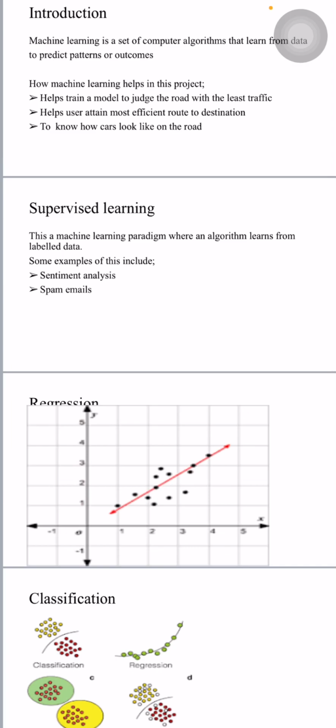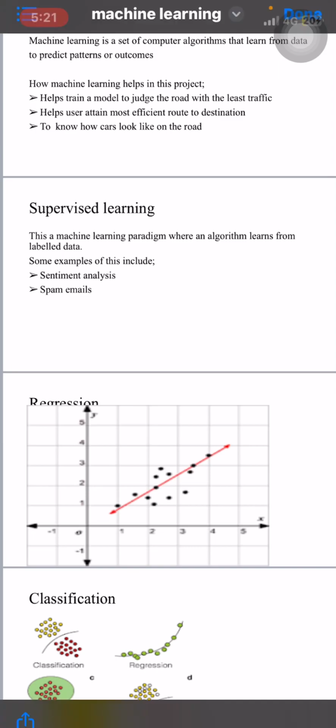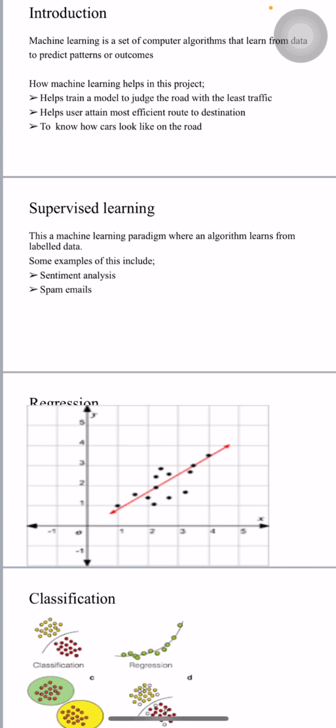Some of the examples that use supervised learning are spam emails and sentiment analysis. Sentiment analysis deals mainly with social media, where they keep track of your likes, things that you like, things you interact with more often. It's mainly used by advertising platforms to know your likes and to know the product to give you.